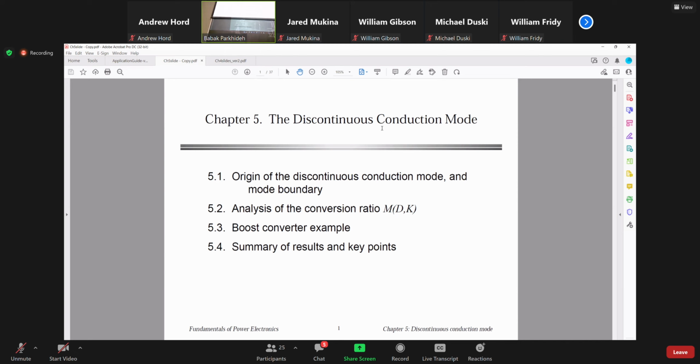So there are situations where these devices, because of these limitations, force the current to go to zero and keep it zero through the next switching cycle. Those were the origin of this mode of operation, and as we'll see, it affects the converter.